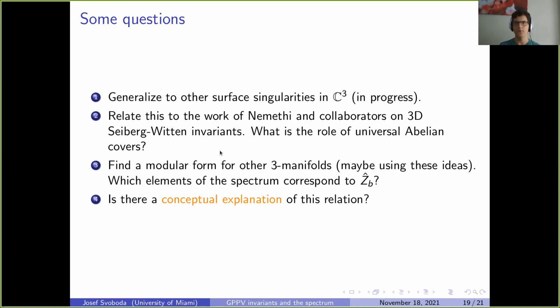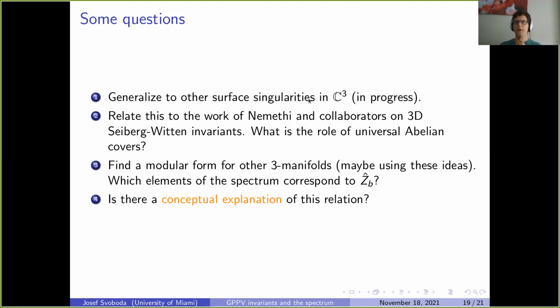And so in the future, we would like to generalize this for other surface singularities. We would like to relate it to this work of Nemeti and Seiberg-Witten, and also, so this is kind of about the relation of 3-manifolds and 4-manifolds. And this is actually how Vafa and Gukov originally found these invariants of 3-manifolds. They started with 4-manifolds, and they were doing some of these Vafa-Witten invariants.